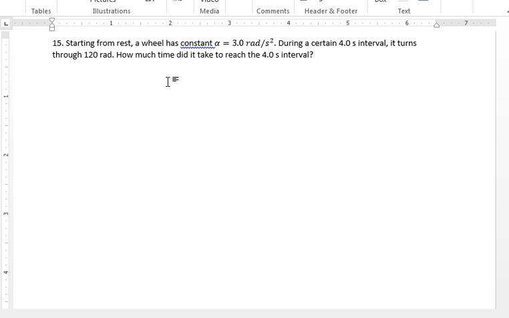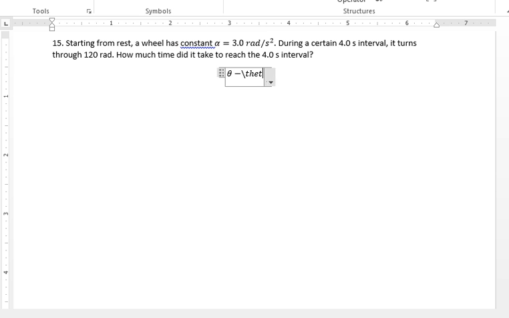Well, to solve this problem, let's first rephrase it. What we're going to do is start where this 4-second interval begins. So we've got some initial position, some initial velocity, and time plus 1/2 alpha t squared, right?